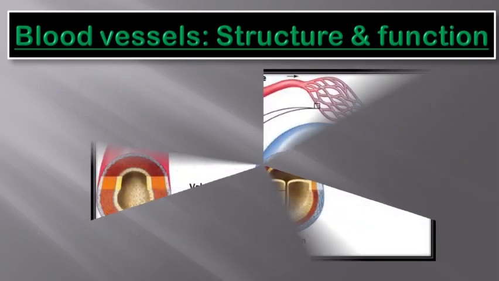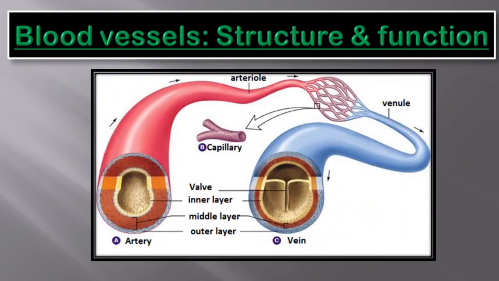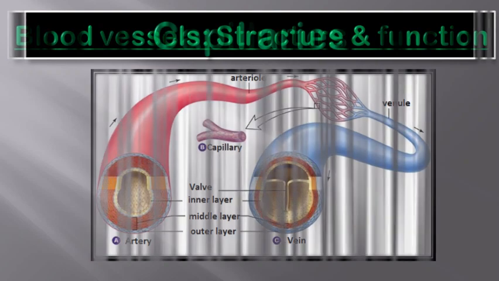Now student, for your reference I have put one picture on the screen in which you can see the arteries and vein. You can see clearly the layers of the walls: the inner layer, middle layer and outer layer of arteries and veins, and in the middle you can see the capillary, which we are going to learn right now.